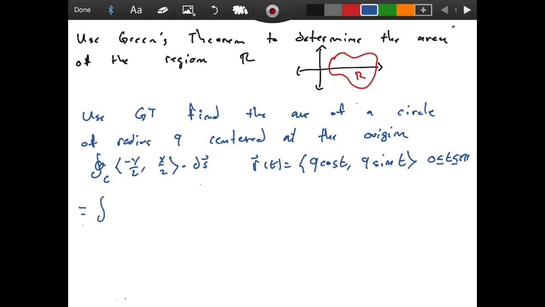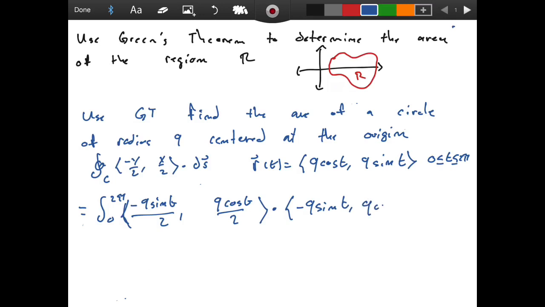This is equal to the integral from 0 to 2 pi. So this is going to be minus 9 sine t over 2, comma, 9 cosine t over 2, dotted with minus 9 sine t, 9 cosine t, dt.